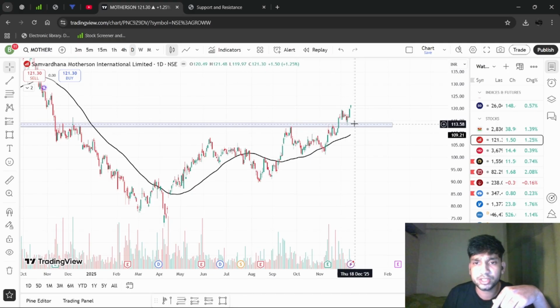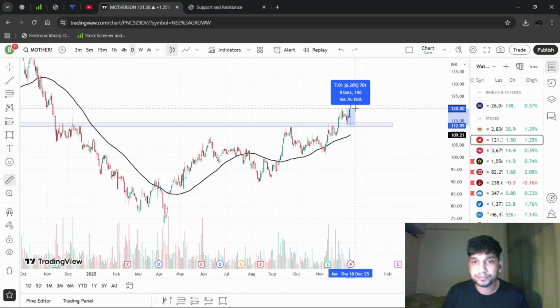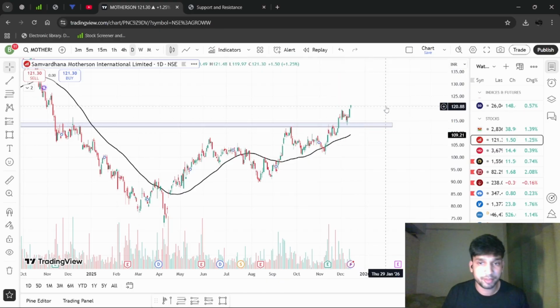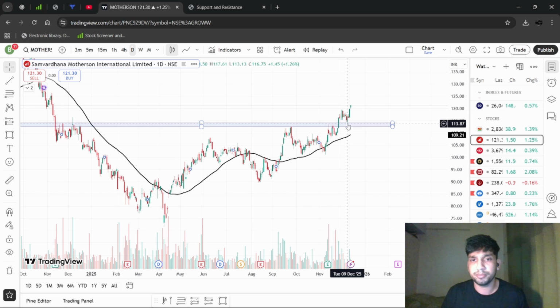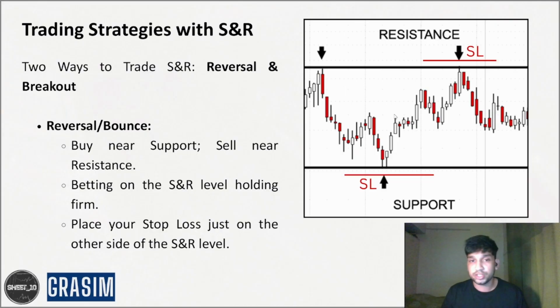So this is a good call that the buyers over here are very strong, and if you wanted to take a long position, you could take it here, which was easily a 7.5% move from here. You didn't have to do anything. You would just identify the support and resistance levels, and from there you could buy. So this is a very basic example of how you can use support and resistance to take trades.